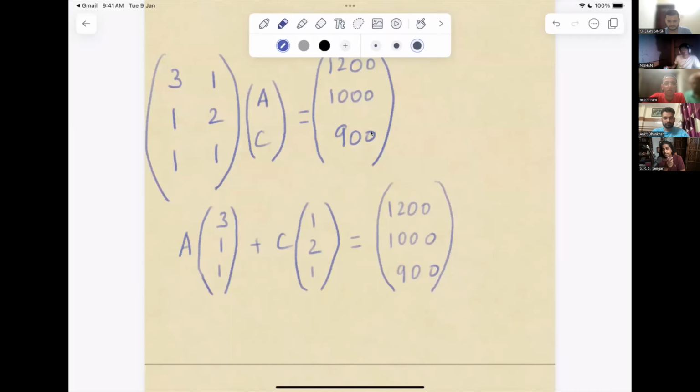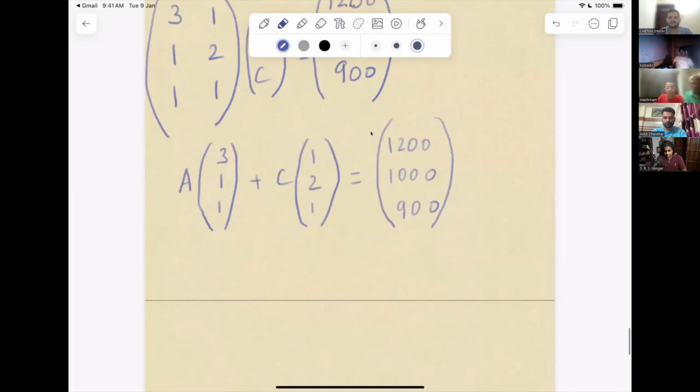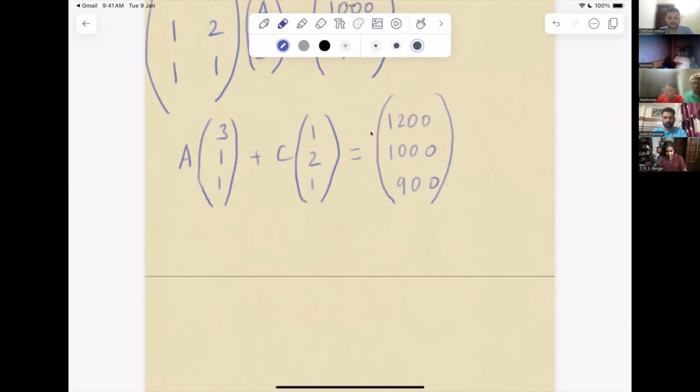Why am I writing like this? I want to see this question as this question. Both are same questions, in fact. 3A plus C can be written as A times 311. That becomes 3A, A, C, 2C, C is equal to so and so. I can write it like this. Let this sink into your minds.